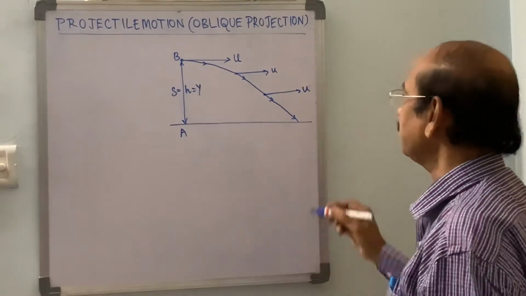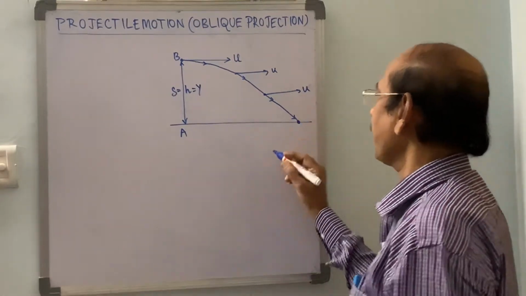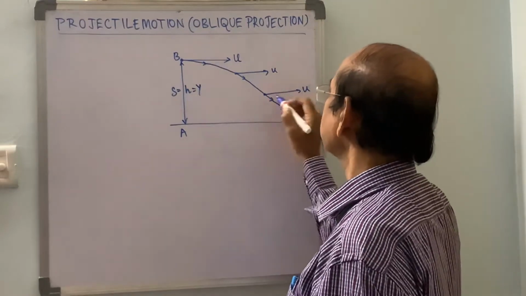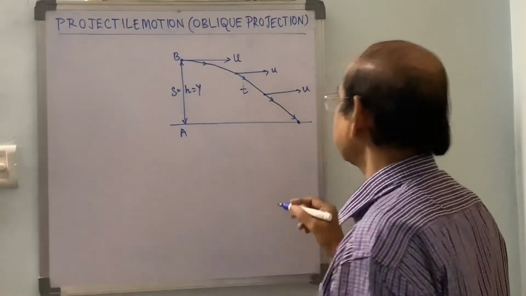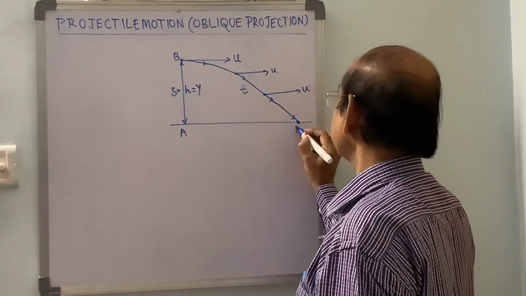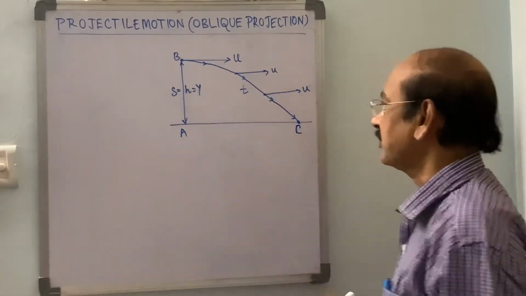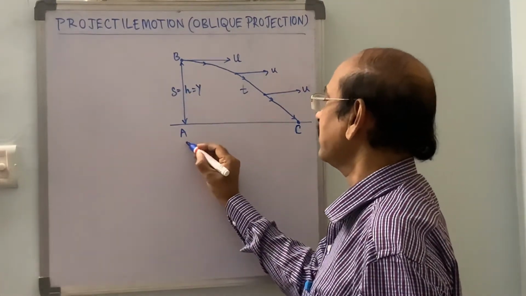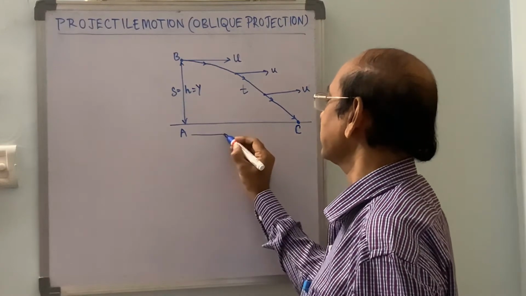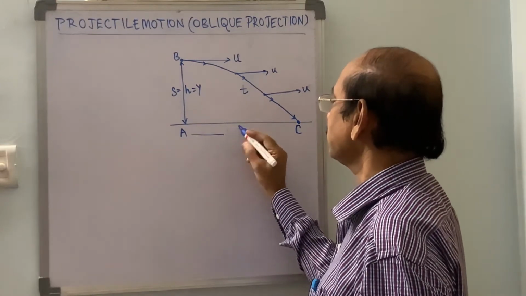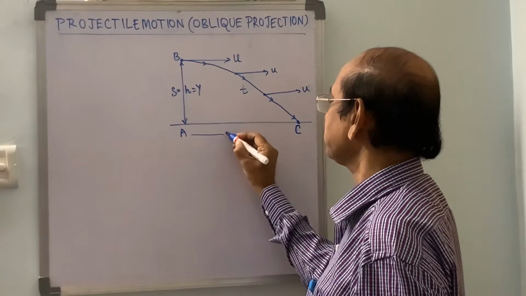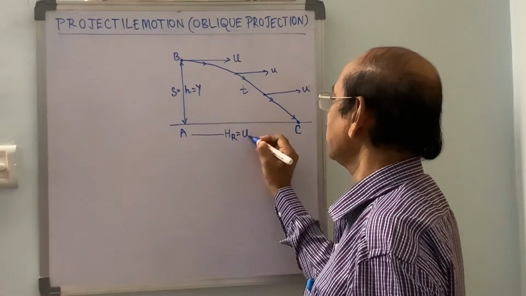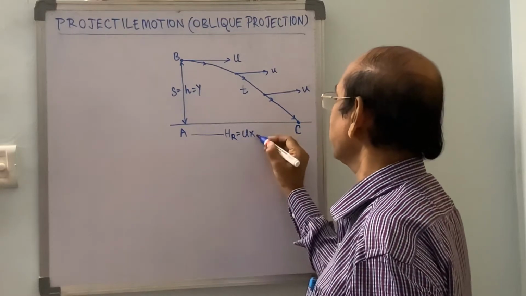Its velocity is u until touching the ground, and let it reach the ground in time t seconds, and let it touch the ground at point C on the ground. Now this horizontal distance travelled is known as horizontal range. It is equal to the horizontal velocity into time.